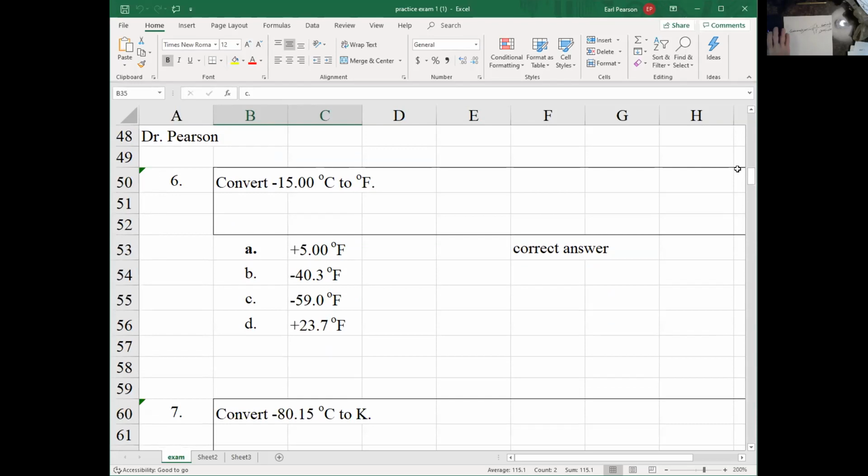Okay, temperature conversions, you know how to do that. Again, I prefer you do the add 40, convert, subtract 40 technique that I showed you in class. If you do it by the C is 5/9 F minus 32, or however it is, I don't remember. I have to derive the stupid thing every time I use it.